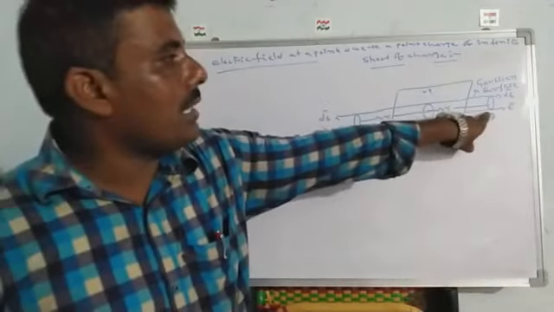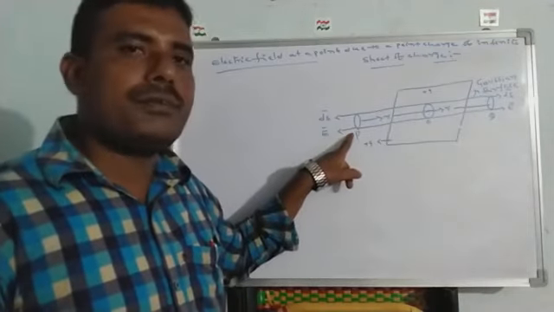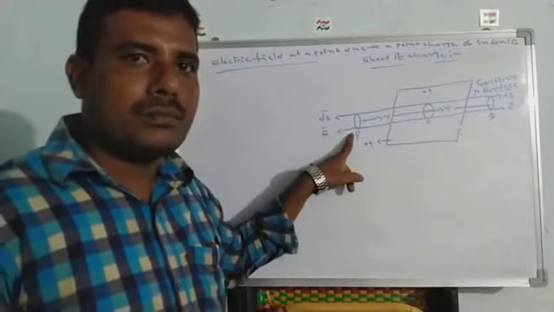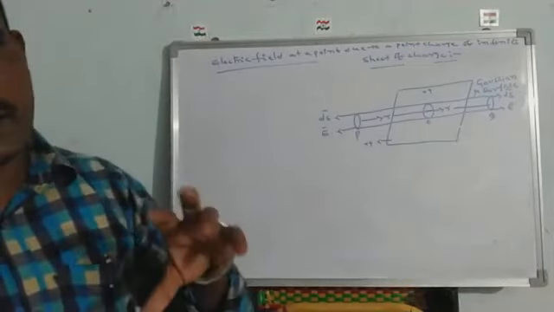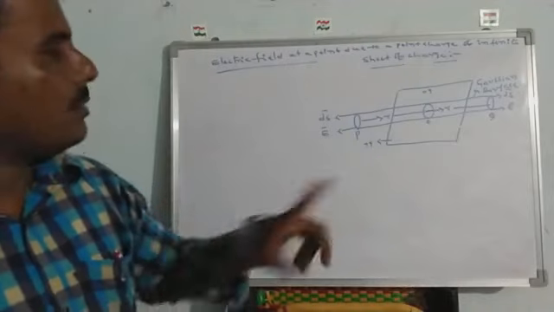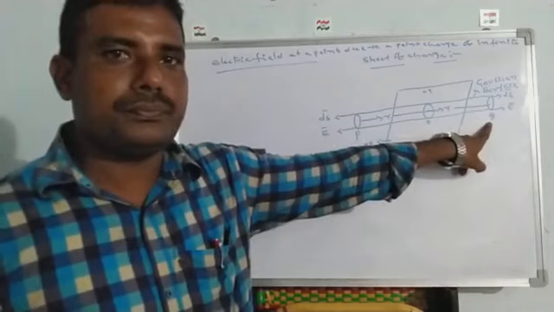So Q is the other point and P is one of the points. We determine the electric flux through P and through Q.